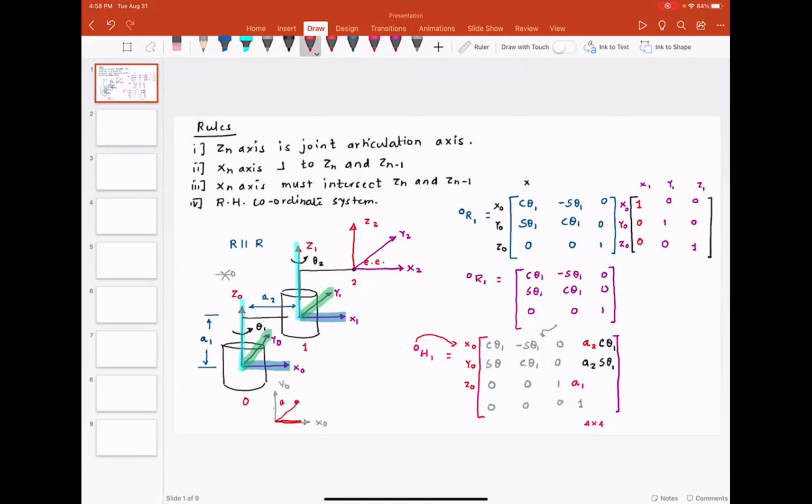This distance is going to become A2, which means the projection of the robot arm on X is going to become A2 cosine theta 1. Okay. And the projection of the robot arm on Y is going to become A2 sine theta 1.